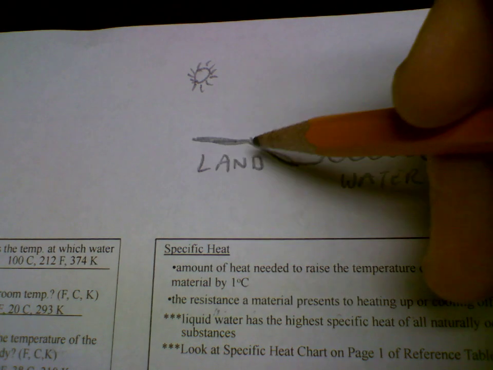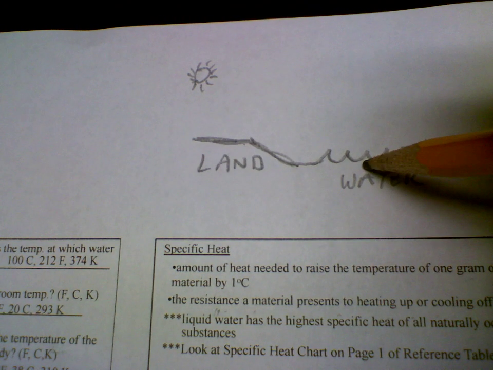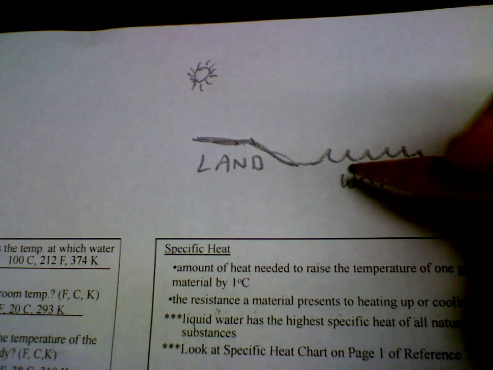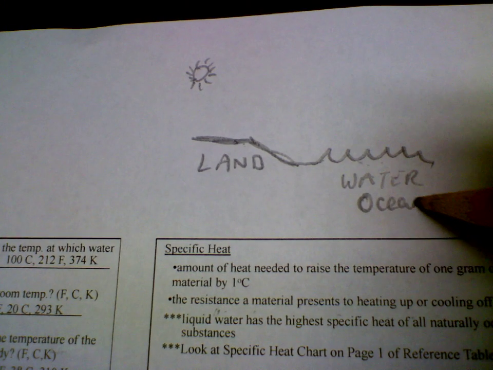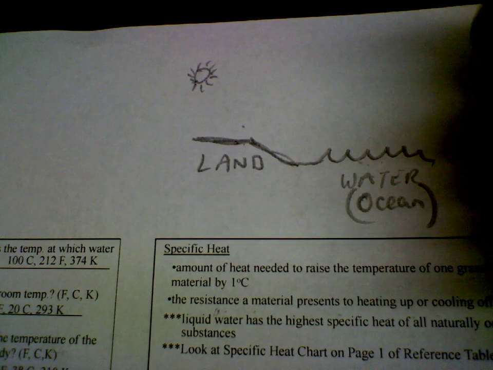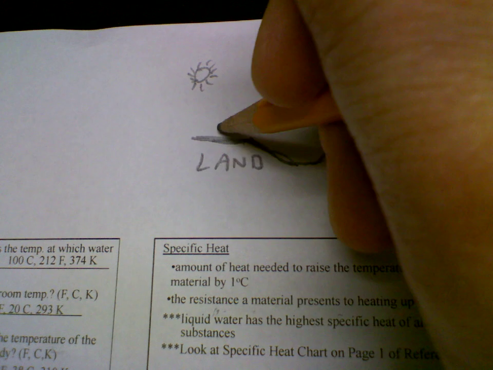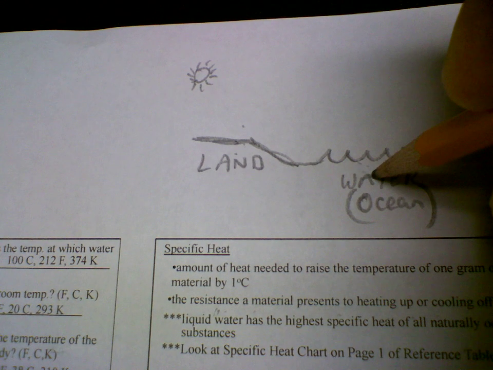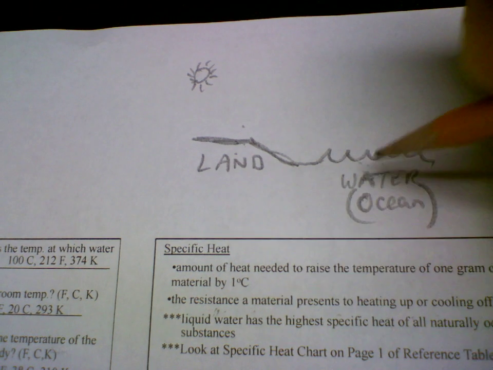And the question is, what's going to heat up faster, land or water? In this case, this is the ocean. The land will heat up much, much quicker because it has a much lower specific heat than water. So, think about the ocean.